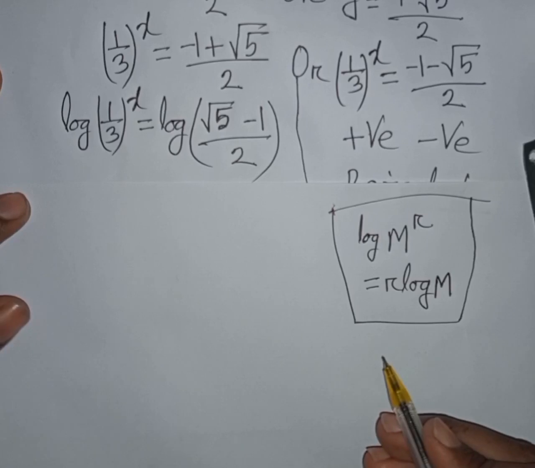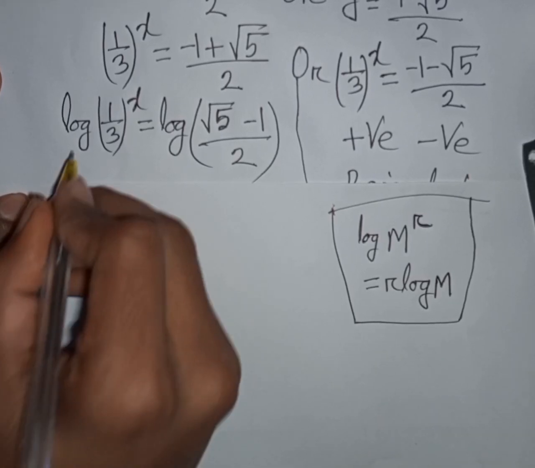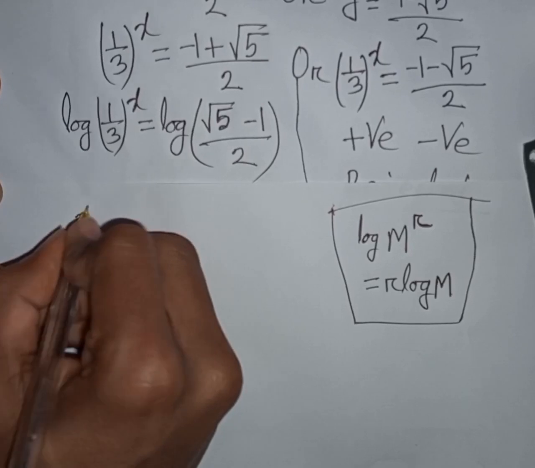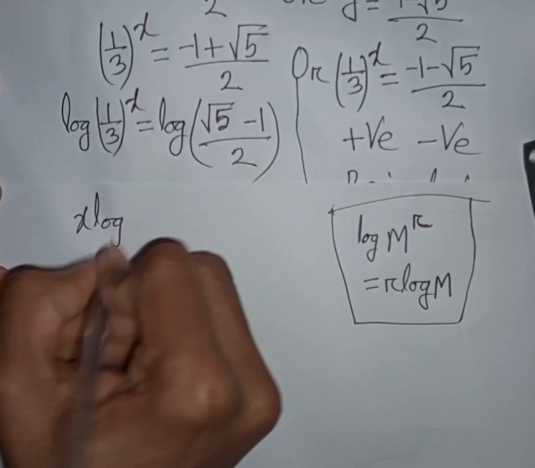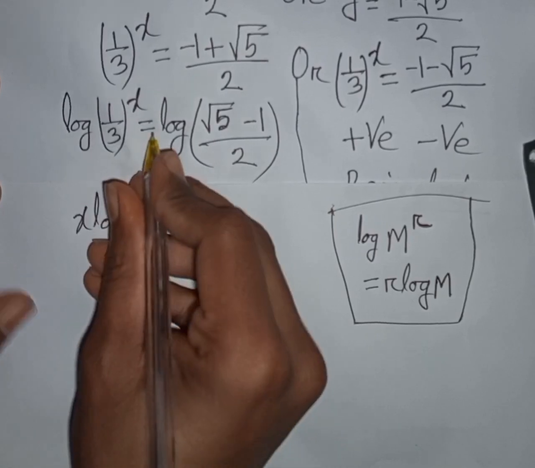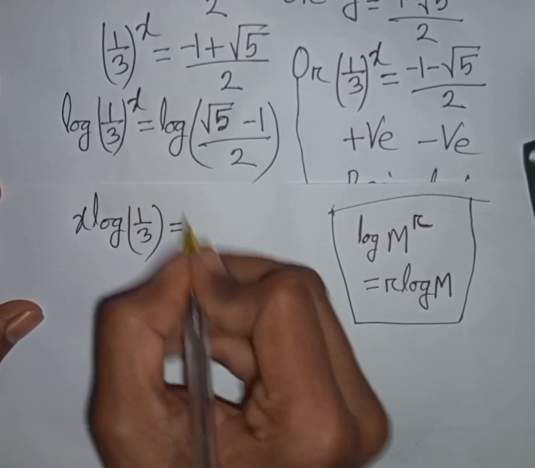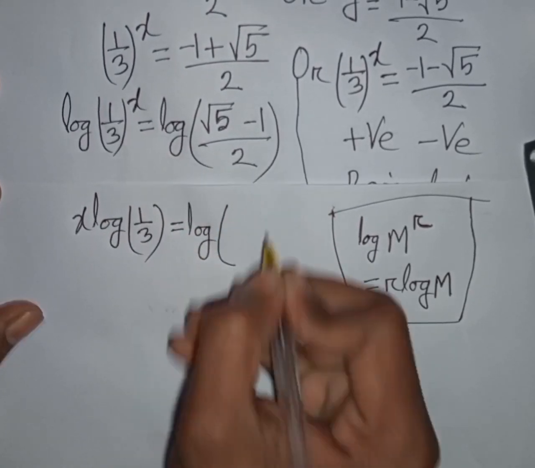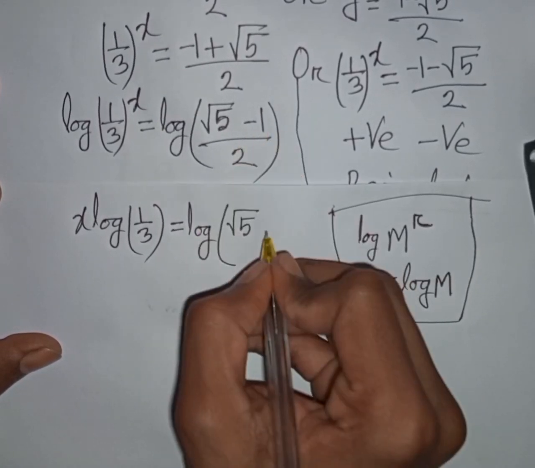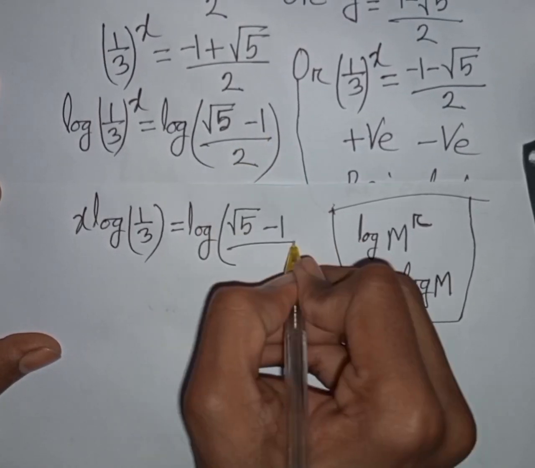So according to this rule, this power x will move in front, so you can write x log 1 by 3 is equal to log of square root of 5 minus 1 divided by 2.